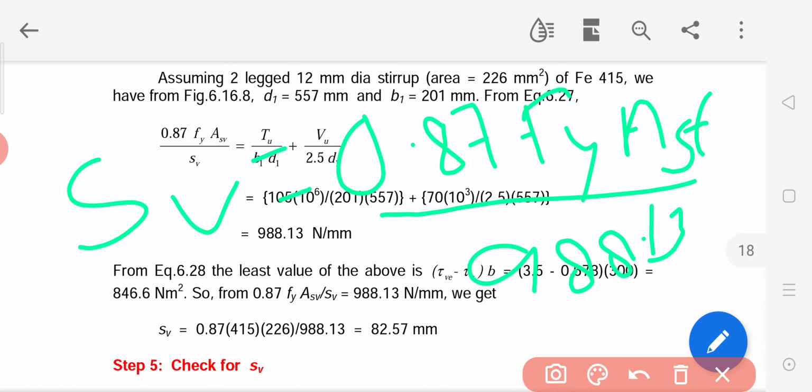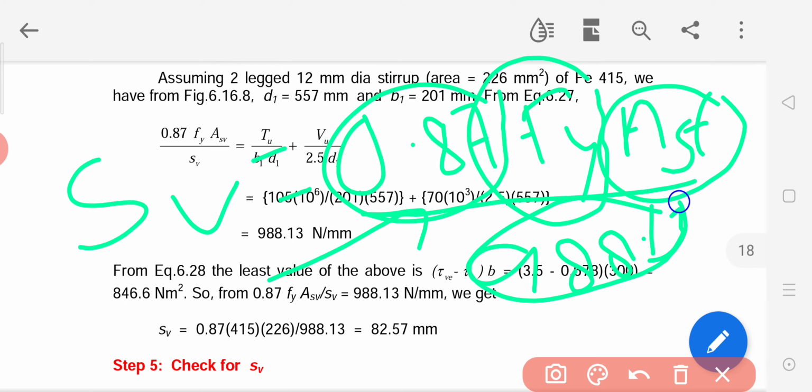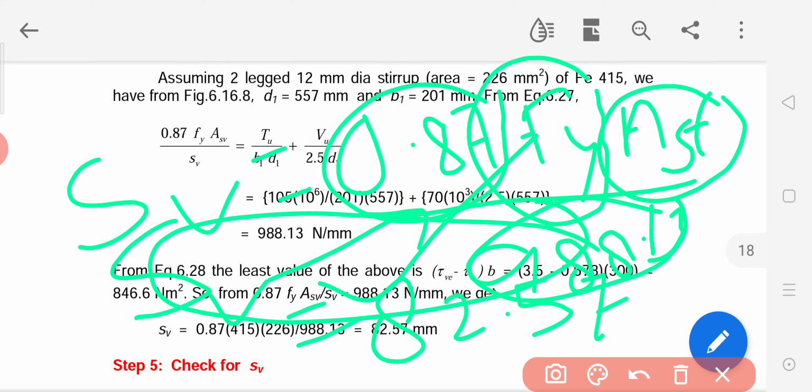So we put these values: 0.87 Fy, which is 415, and ASV, which is 226, divided by 988.13. We get the value of SV equal to 82.57 mm. Next step, we check whether this value is correct or not.